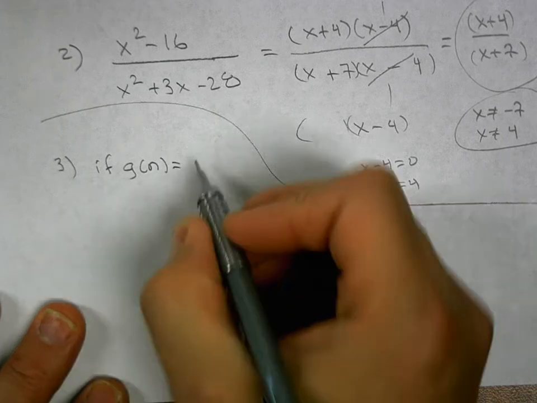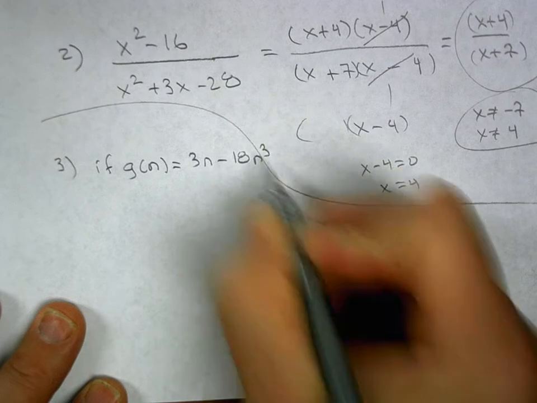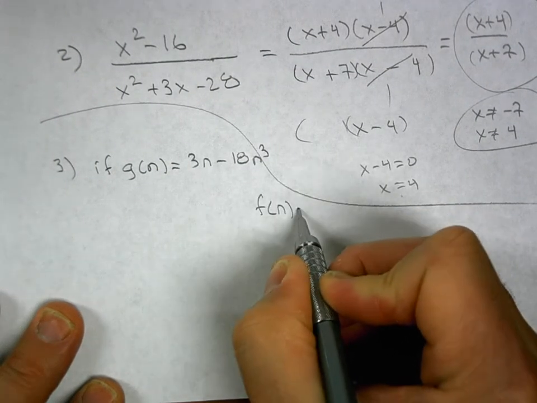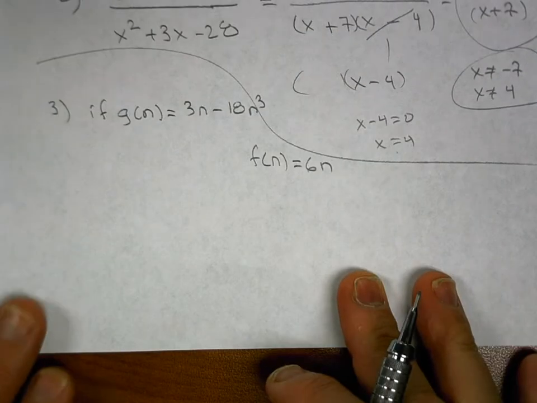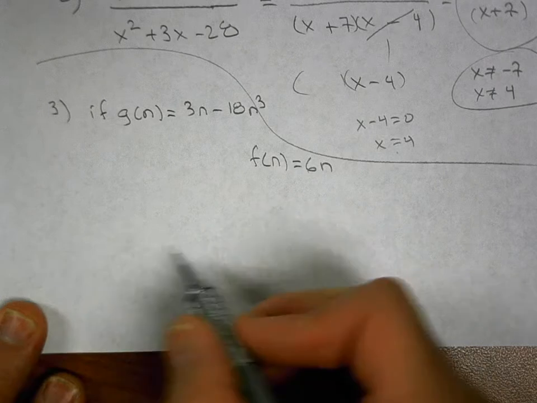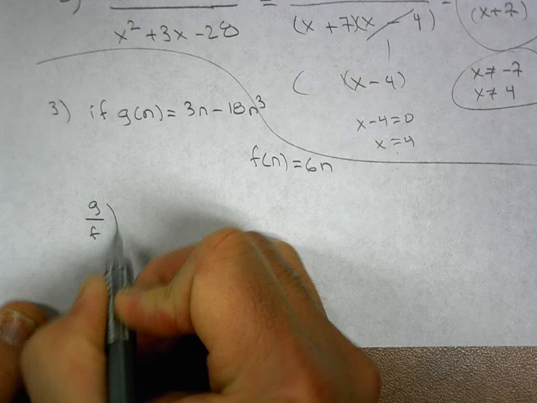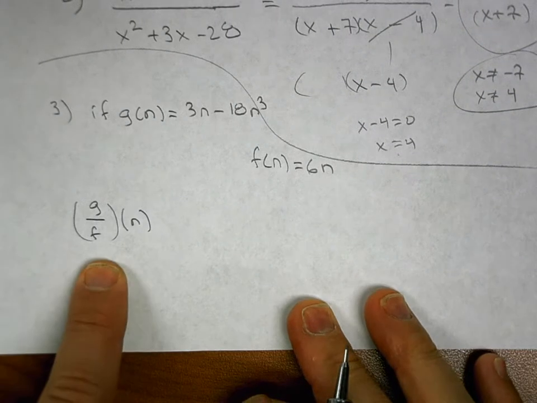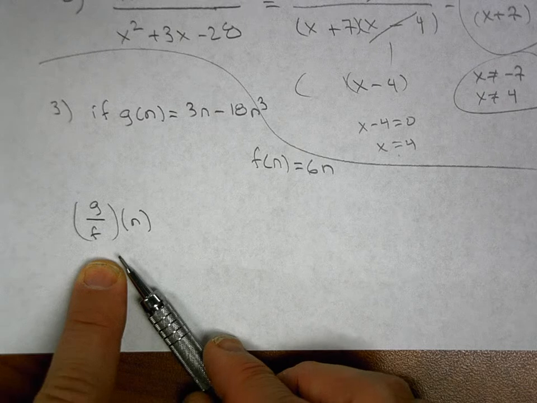If g of n is equal to 3n minus 18n cubed, and f of n equals 6n, they want you to reduce something that looks like this: g divided by f of n. They give you g of n, they give you f of n. They want you to write what this thing is and then simplify.